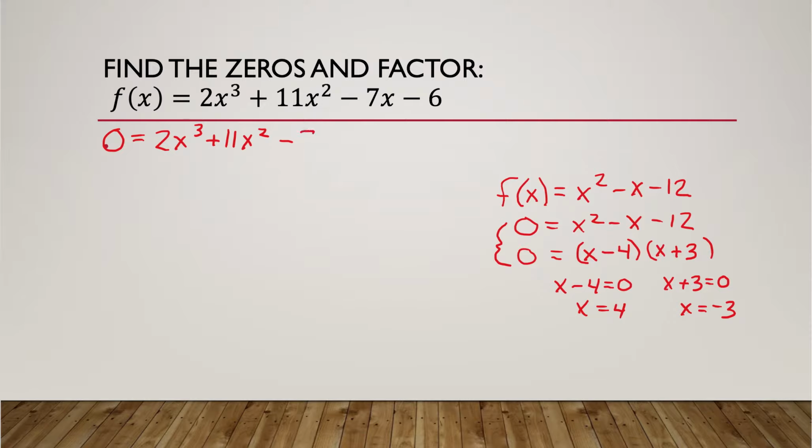Okay, so this one is not something that I have a skill to use in factoring. It has 4 terms instead of 3, so it's not going to factor into that double set of parentheses like we have over here.